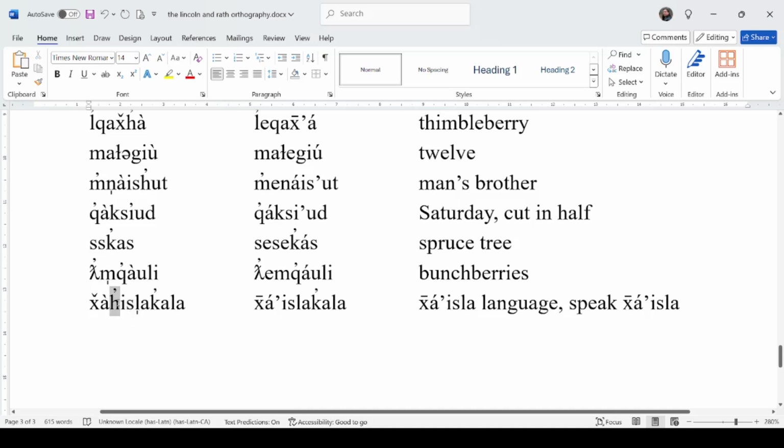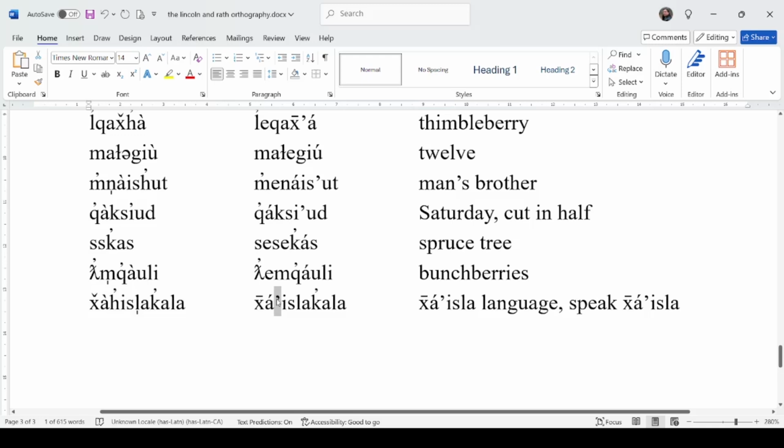And again, we have this glottal stop or this apostrophe. You're meant to ignore that H. So it's not ha-hi-sala-kyala. You see here in the hybrid spelling, we've removed that H and there's just a regular apostrophe.